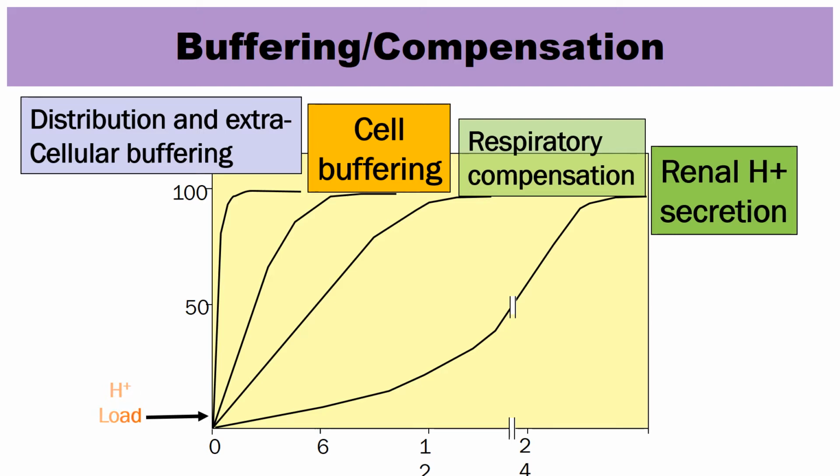Beyond certain concentrations of hydrogen ions, when it goes up to 60, 70, and the pH goes below 7, it's an extremely life-threatening situation, and life will not exist if that goes unchecked for a long period of time.